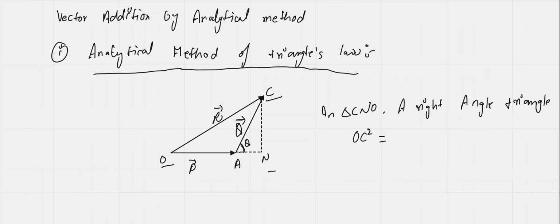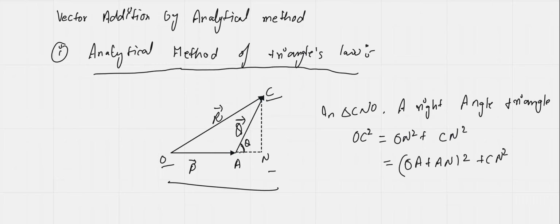So OC squared is equal to ON squared plus CN squared. And this bigger ON can be represented in two parts, O to A and A to N, so ON is OA plus AN, squared, plus CN squared, right? The reason is ON equals OA plus AN. Is it clear so far?